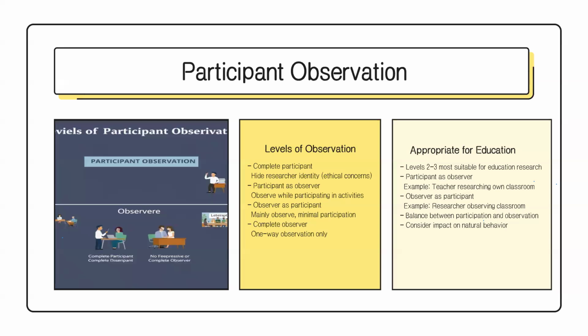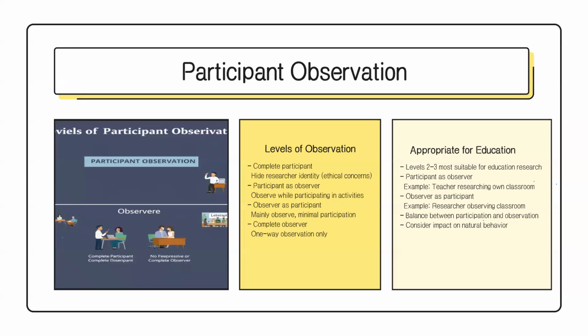Participant observation is another important data collection method where the researcher enters the field to observe and sometimes participate in activities. There are different levels of observation on a spectrum.